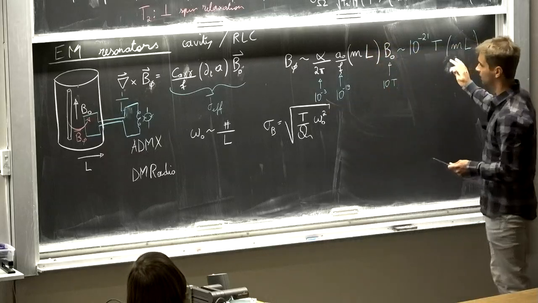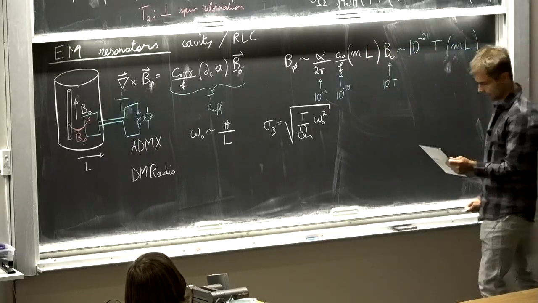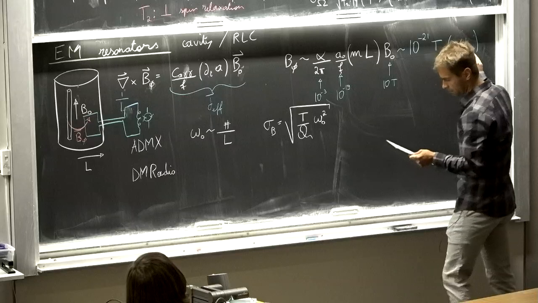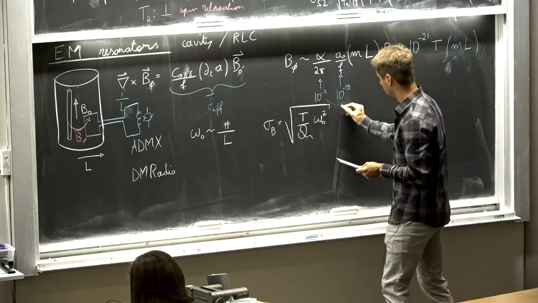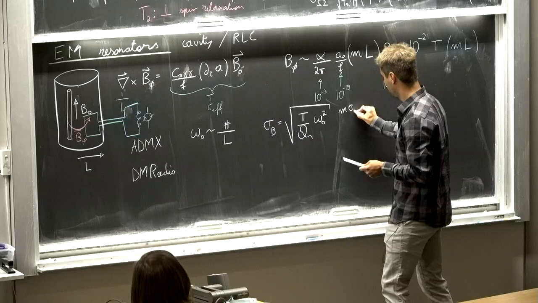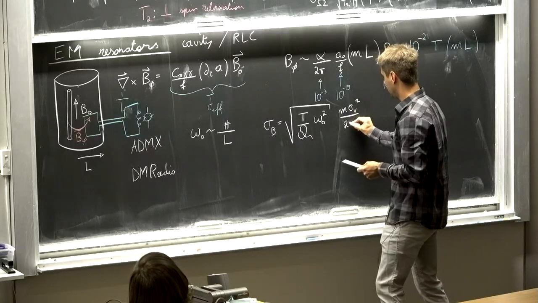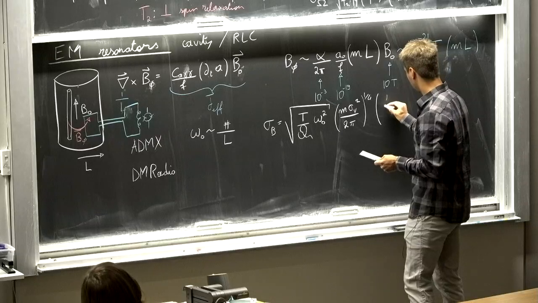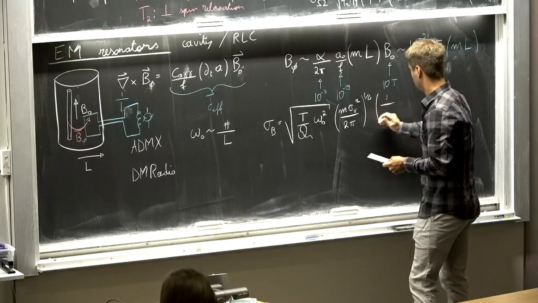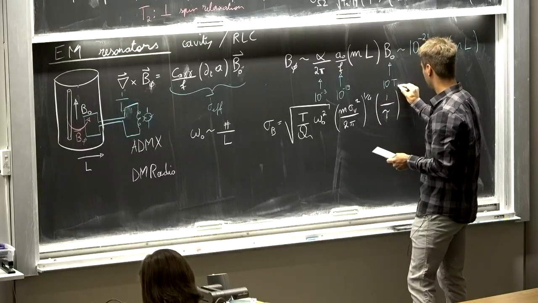And I'm assuming everything is optimally matched, like this factor is 1, et cetera. And then again, this is the bandwidth of your axion signal to the 1/4 power, and your integration time to the -1/2 power.